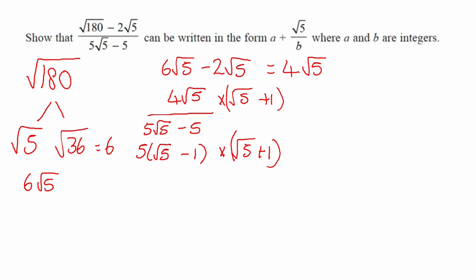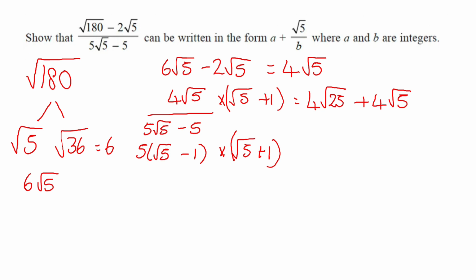So now our numerator, we are just going to be expanding this like a single bracket. So we've got 4 times root 5 times root 5. Now root 5 times root 5 is root 25. And then we've got 4 root 5 times 1, so we've just got plus 4 root 5.